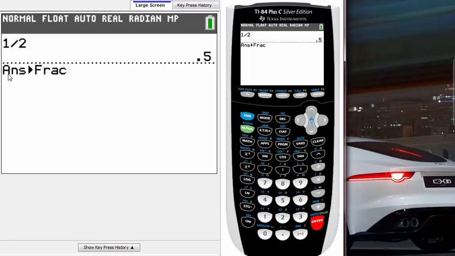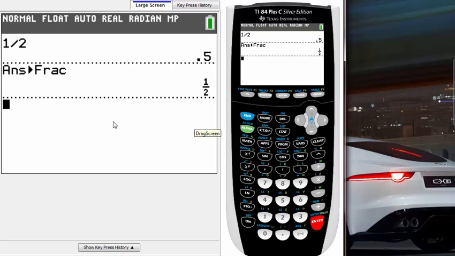As I explained in the previous video, ANS means the calculator is trying to access the answer you got from the previous operation. My previous operation was 1 divided by 2, so the calculator took that answer and substituted it in here. So this is pretty much saying 0.5 to fraction. I just hit enter, and guess what? There's a fraction answer. Nice.